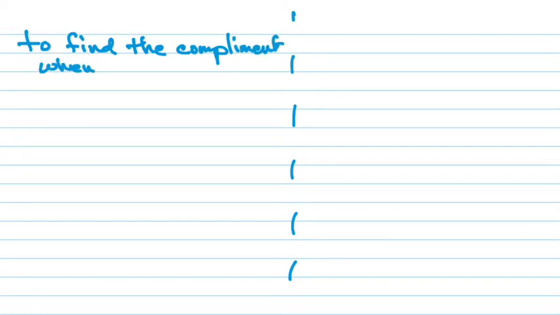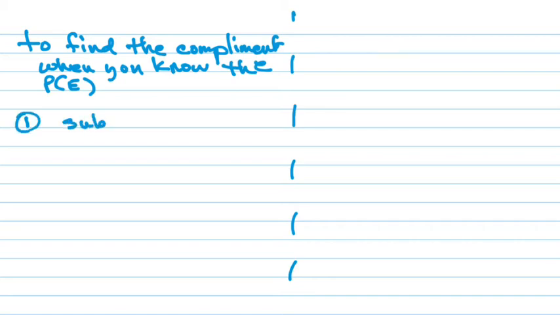So if you're in your notes, to find the complement when you know the probability of an event, well, it's really just one step, so we don't really need steps, do we?